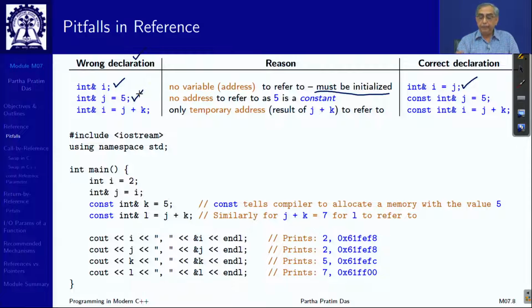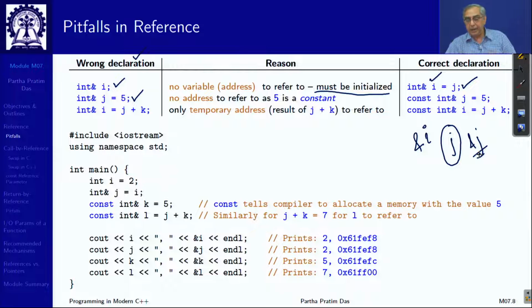So, if this is done, then ampersand i is the address, and j necessarily uses that address, which is computed as ampersand j, to be able to track that it is a second name for i, or rather i is the second name for j, where i is the alias.